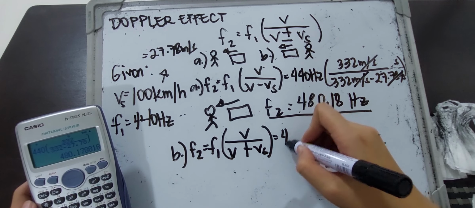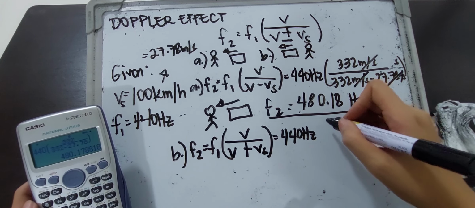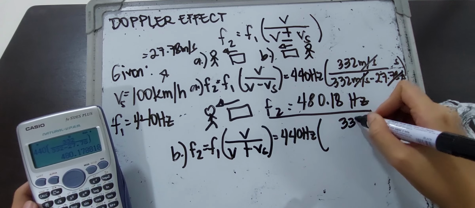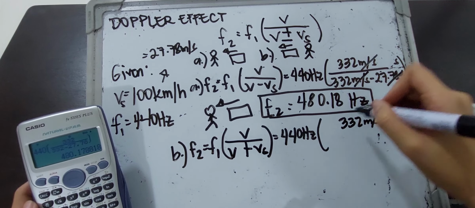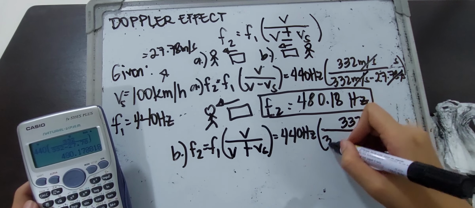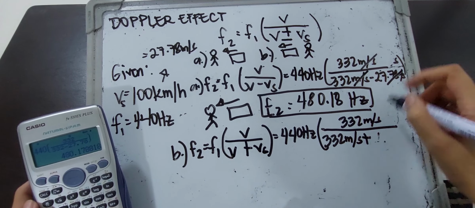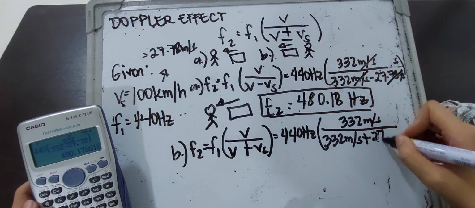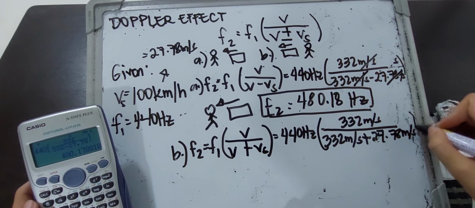So same lang ulit, 440 Hz, ito yung frequency ng busina, times 332 meters per second, divided by 332 meters per second plus 27.78 meters per second.